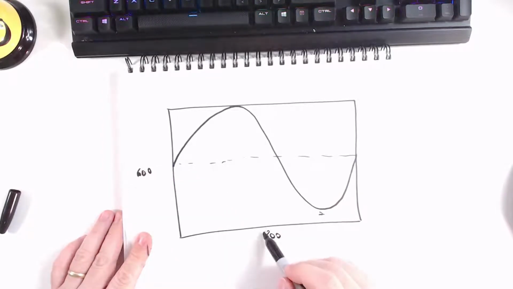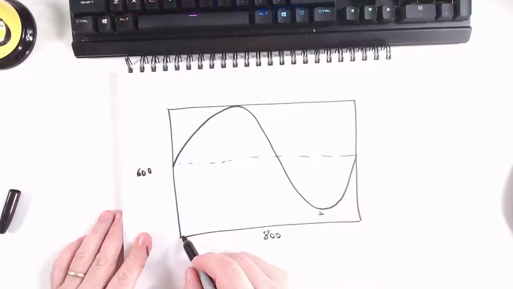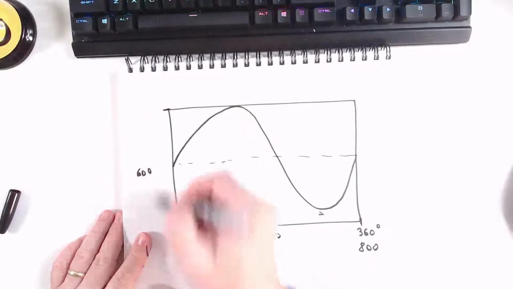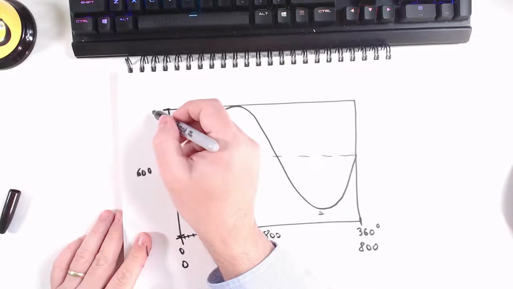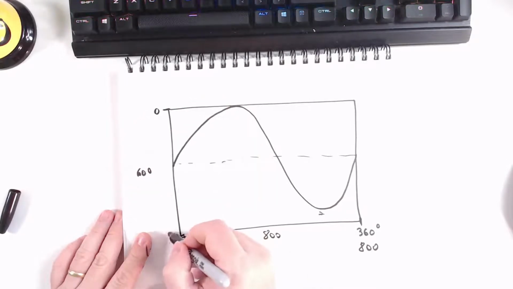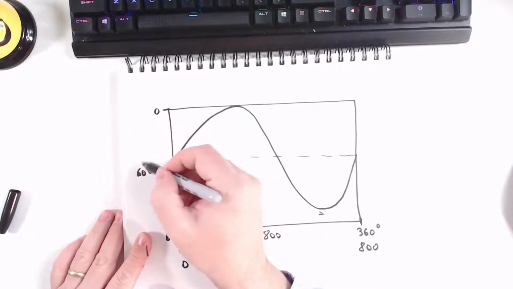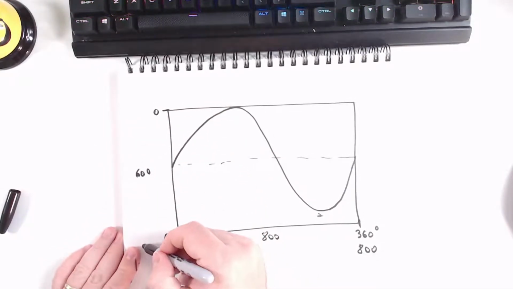So we need to somehow map. When we do it in degrees, we want to map all the 0 to 360 degrees into 0 to 800 pixels on horizontal, right? And on vertical, we want to go from 0 to 600 pixels and map it to the values of the function, which vary between -1 and 1.